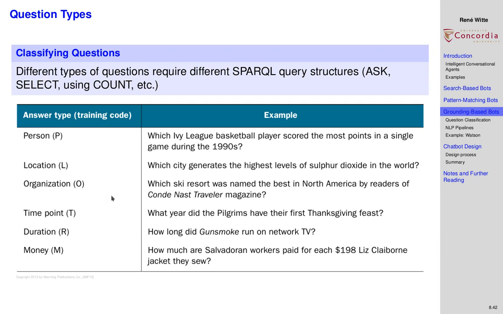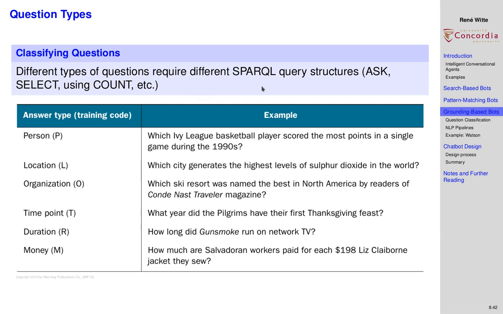This way, it becomes a lot more manageable, because first, you know what type of question it is. And then second, for each question type, you can have different ways of extracting the information and putting them into a specific SPARQL query. So in other words, you don't try to generate the complete query from scratch.